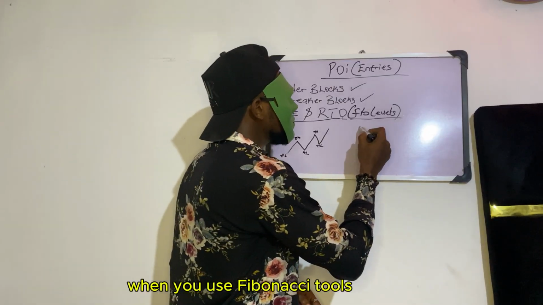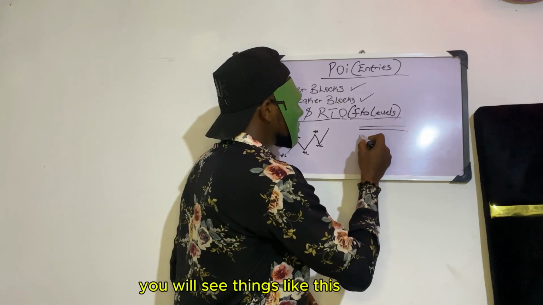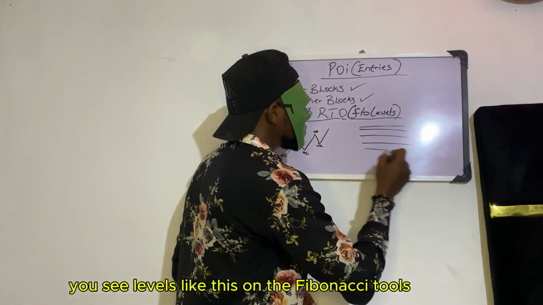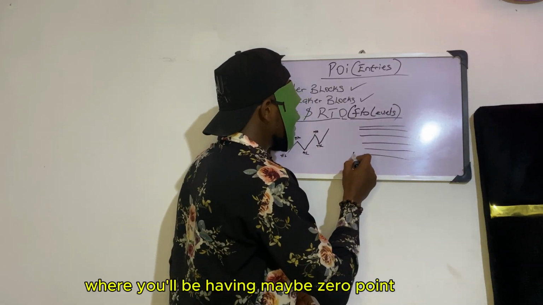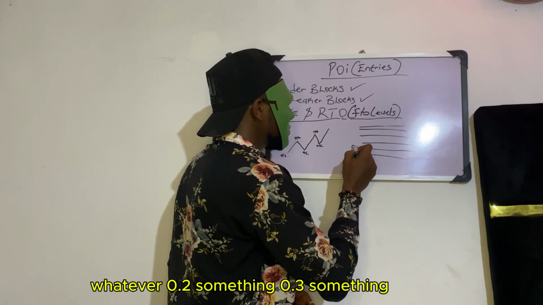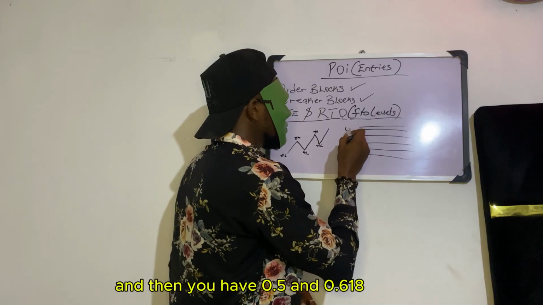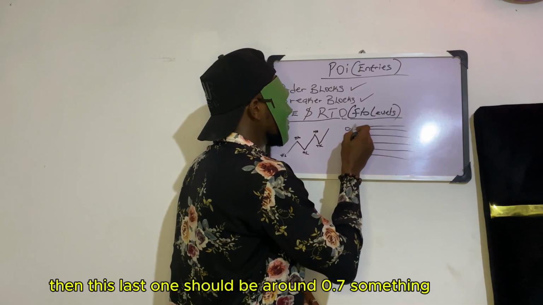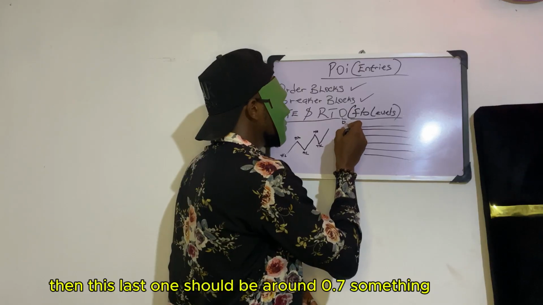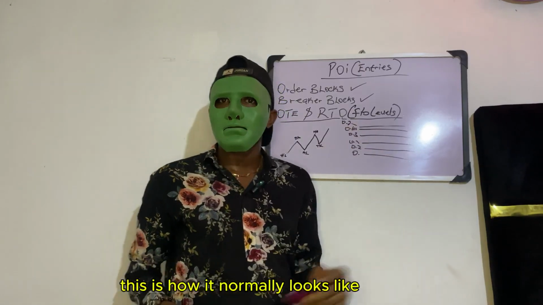When you use Fibonacci tools, you see levels like this, where you'll be having maybe 0.2 something, 0.3 something, and then you have 0.5 and 0.618. Then this last one should be around 0.7 something. This is how it normally looks.